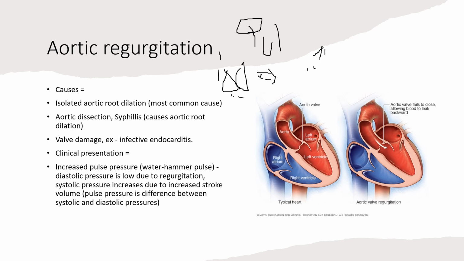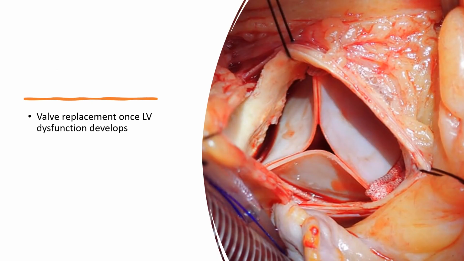So this will cause volume overload on the left ventricle, causing eccentric hypertrophy and finally left ventricular failure. The treatment for this disease is valve replacement after left ventricular dysfunction develops.